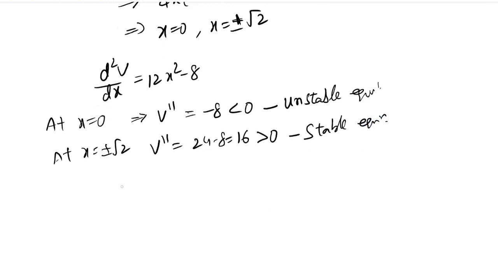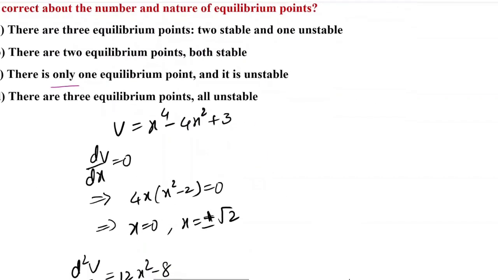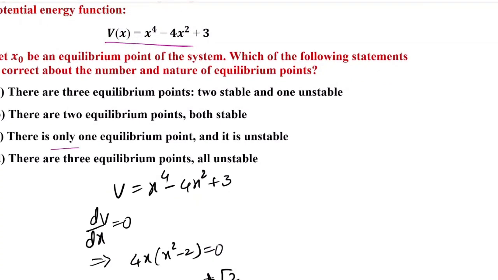So we have 3 points here, one unstable and two stable points. So that's it. From the given choices, we can say the first choice represents this one.